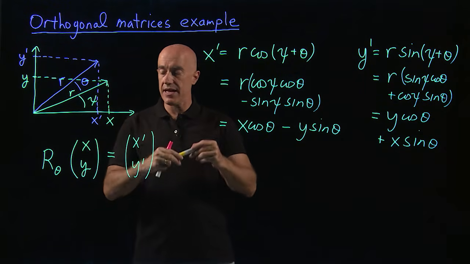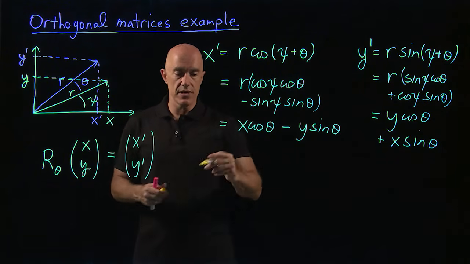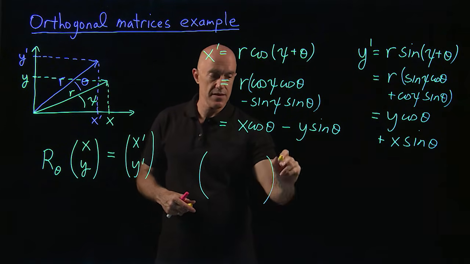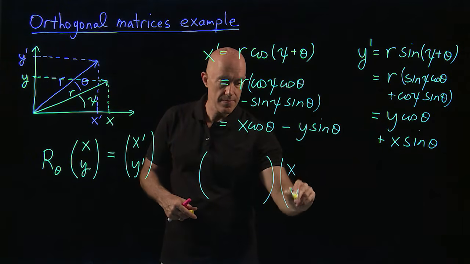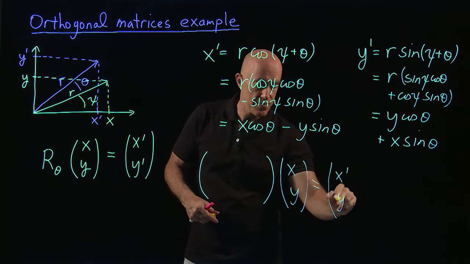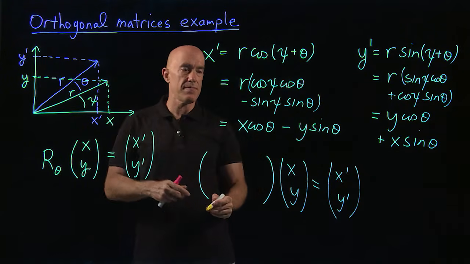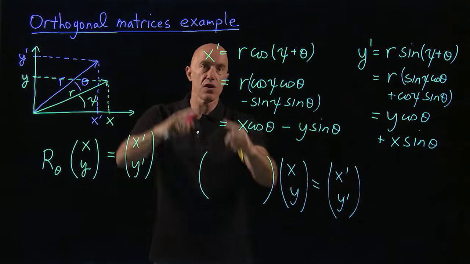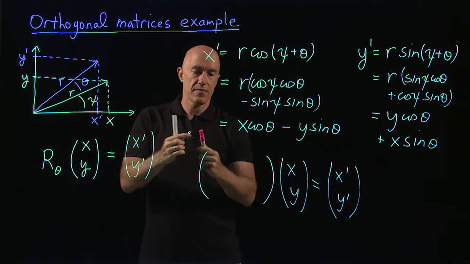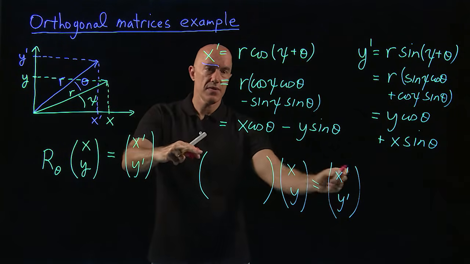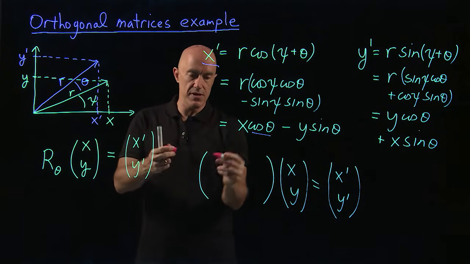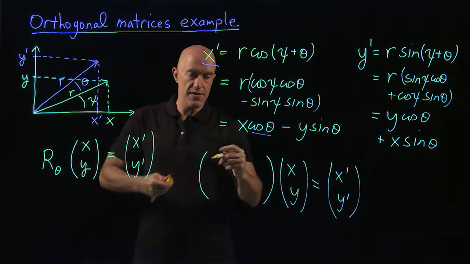You can recognize that as a matrix equation. So what is that matrix? We have some matrix, right, times xy is equal to x prime, y prime. And what is that matrix? Well, the first row gives us x prime. So x prime is equal to something times x. That's the cosine theta. So let me put cosine theta here.